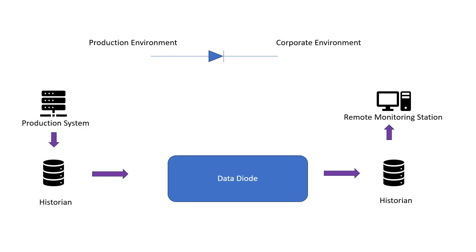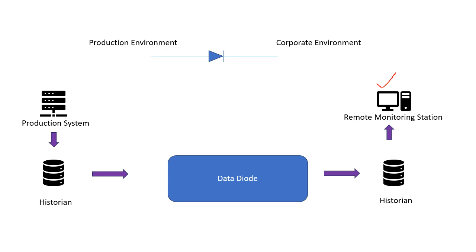And then again, the remote monitoring station can access the data from corporate environment historian. So basically, this remote monitoring station can monitor the data of the production system, but they cannot give any write command to this data.